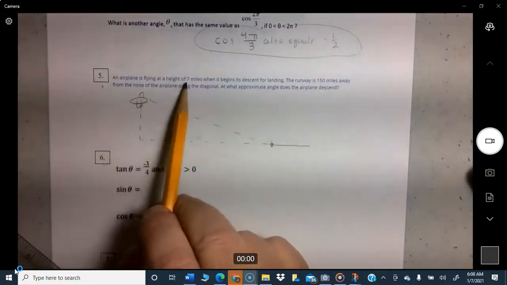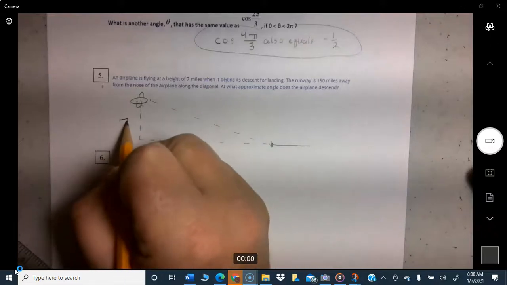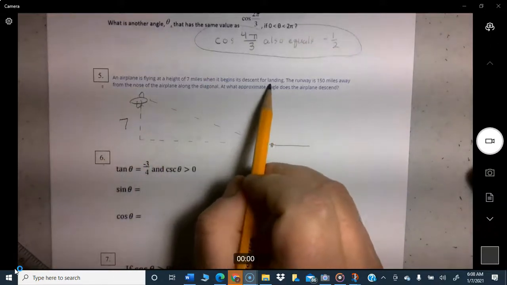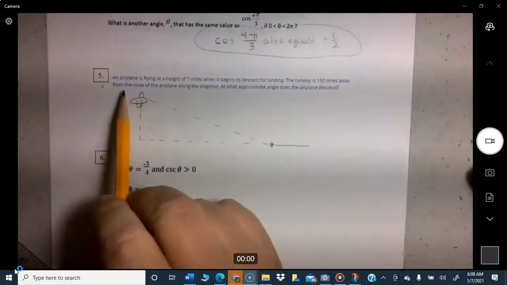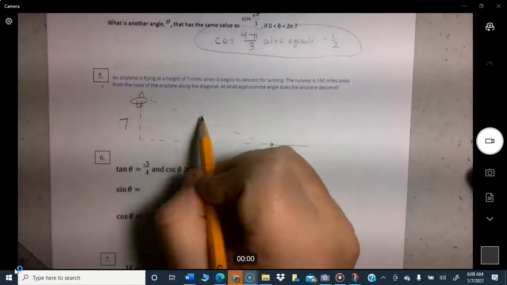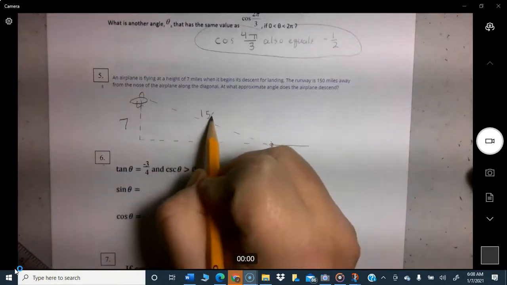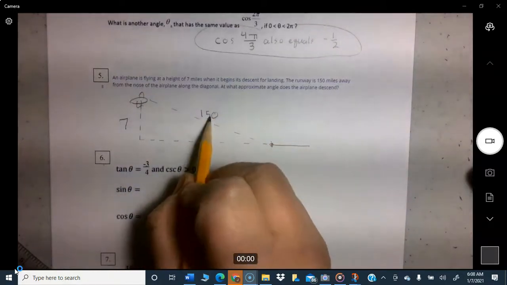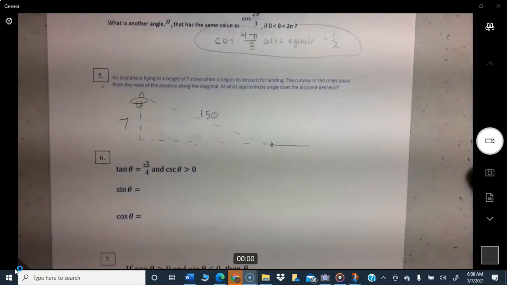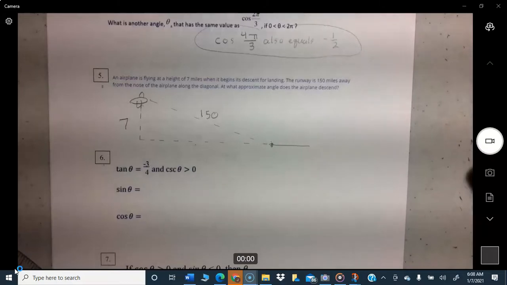It says the airplane is flying 7 miles high, so this is 7. When it begins to descend, the runway is 150 miles away from the nose of the airplane along the diagonal. So they're saying that this, not this, but this is 150. Okay? At what approximate angle does the airplane descend?